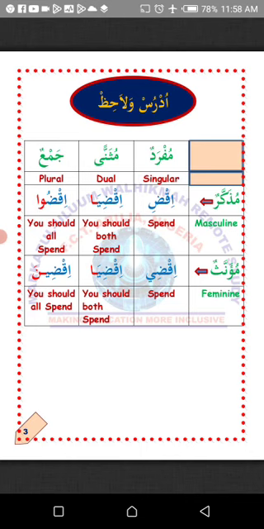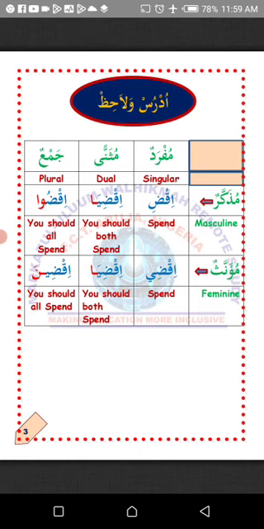Now we talk about mu'annas. Mu'annas, feminine, is a word in Arabic that represents a female person or a female object. Just like the verb iqdi can only be used to talk to a single female person to spend. So if there are two, you attach alifun to the last letter. Remember, once alifun is attached, the letter before it must take fatha, as we know that alifun is the mother of fatha in Arabic.